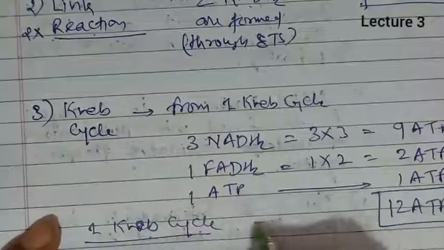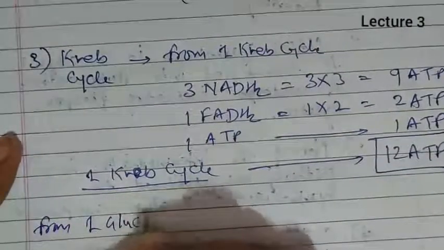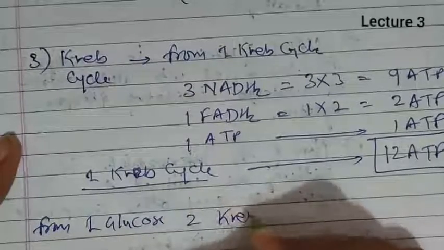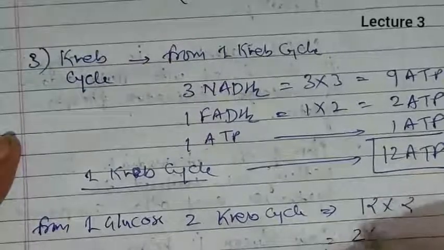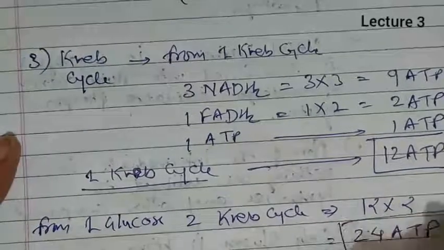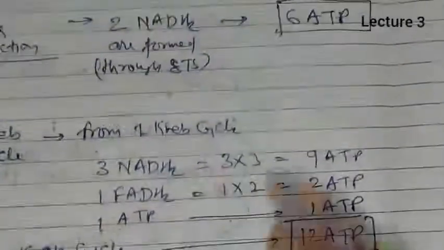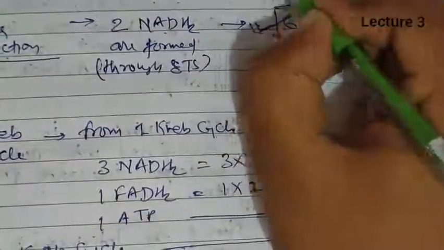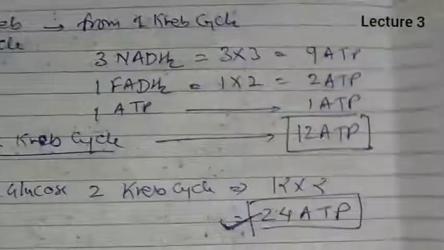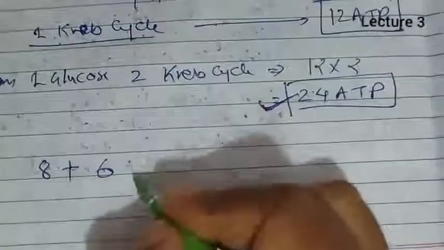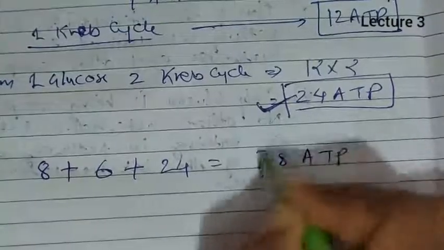But from 1 glucose, 2 Krebs cycles will work. So this becomes 12 into 2, so 24 ATP. So this 24 ATP, this 6 ATP and this 8 ATP, if we combine, then 8 plus 6 plus 24 becomes 38 ATP.